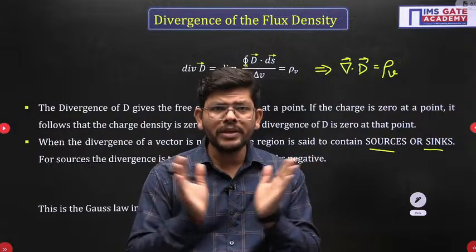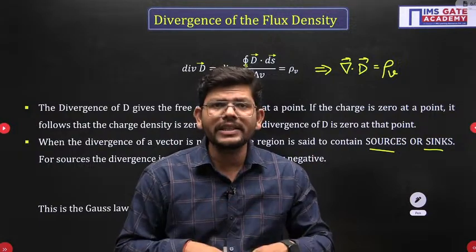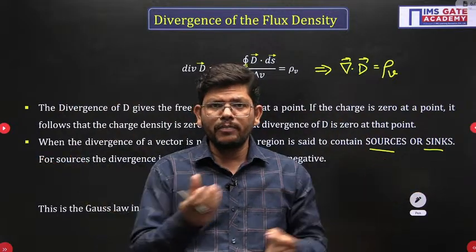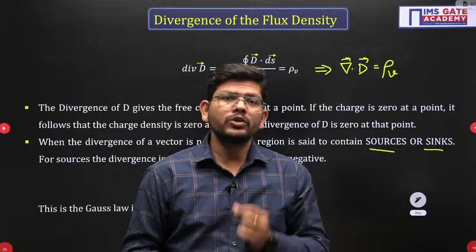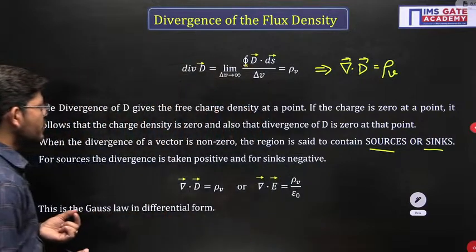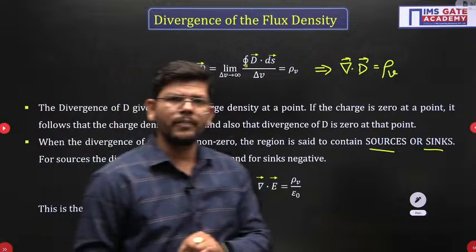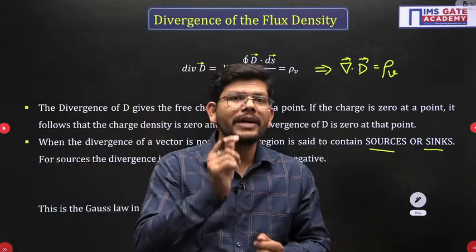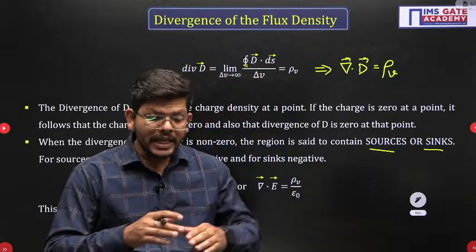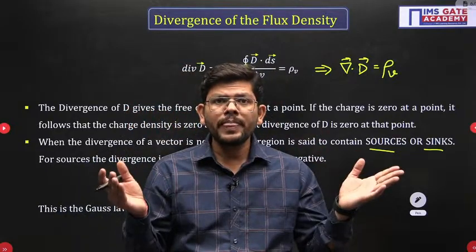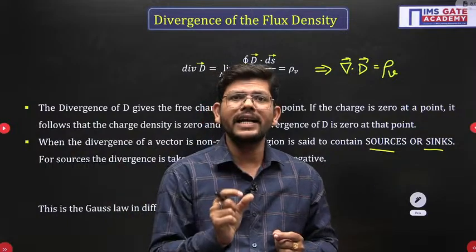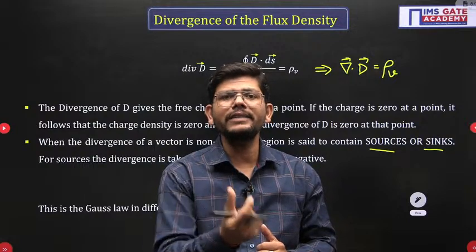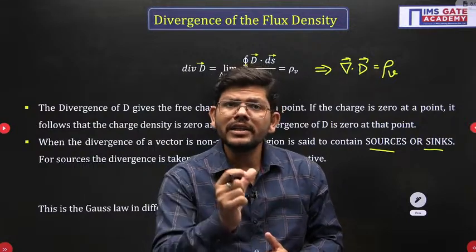When the volume is shrinking, it appears that the flux related to the quantity is emanating from that particular point, the source. If the divergence is 0, that means there is no net outward flow when the volume is shrinking. But if the divergence is not 0, that means there is either a net outward flow, so the point is acting as a source, or the point might be acting as a sink.